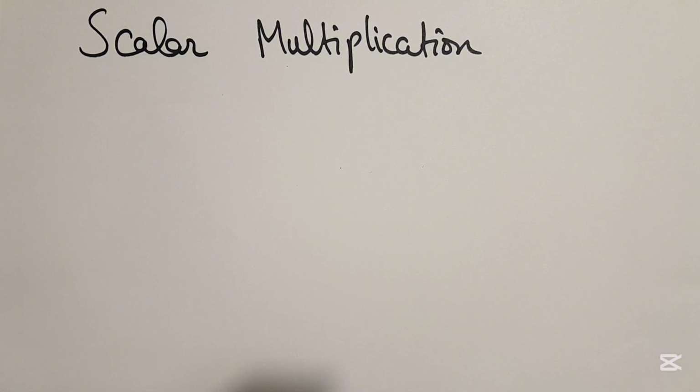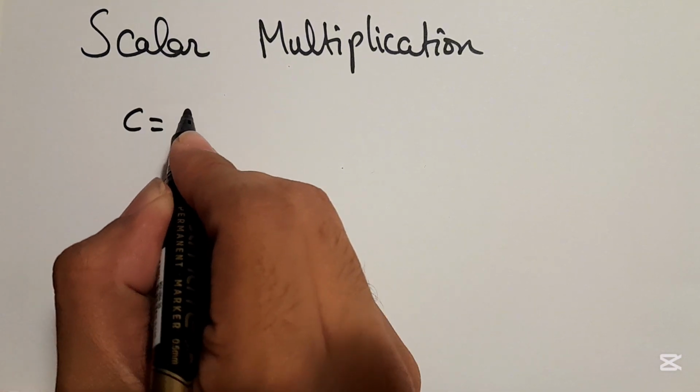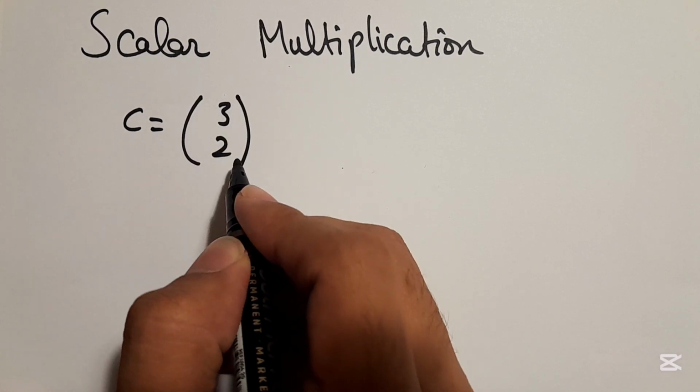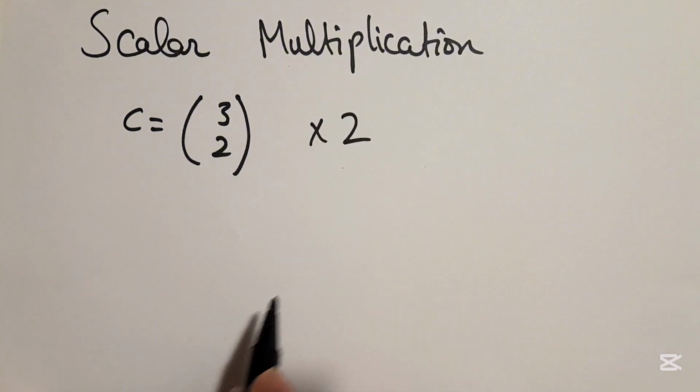Next up is scalar multiplication. This is when we multiply a vector by a single number. For example, if we have letter c which is (3, 2), and we have to multiply this by 2.